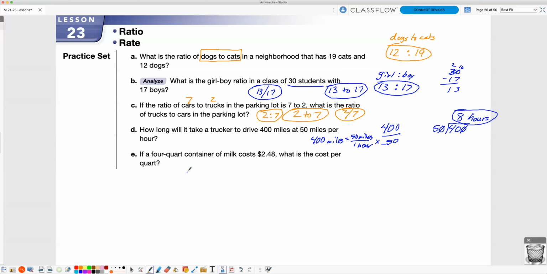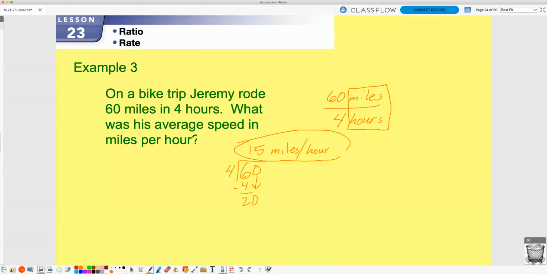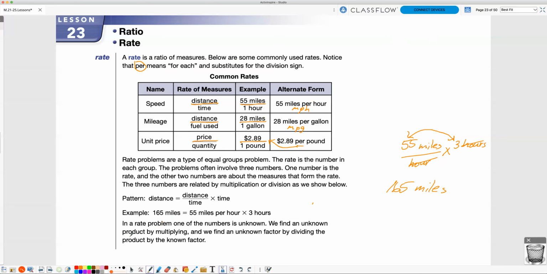Letter E, if a 4-quart container of milk costs $2.48, what's the cost per quart? So in this one, you need to think about that particular price per quantity.